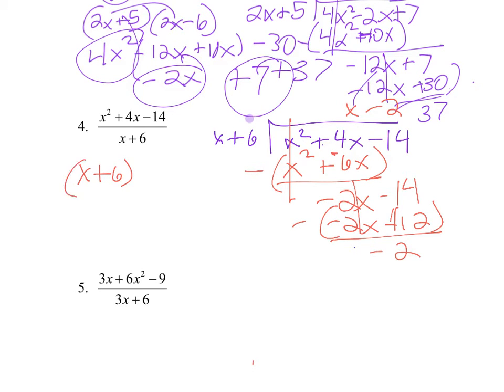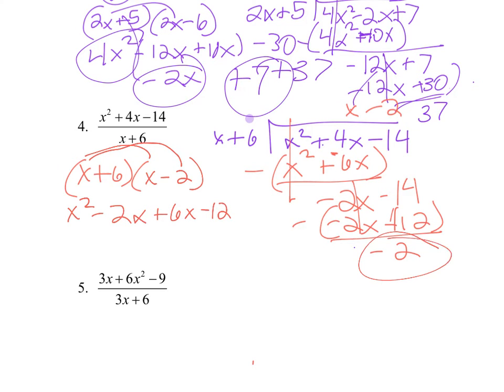x plus 6, I said, and times x minus 2. I get x squared minus 2x plus 6x minus 12.